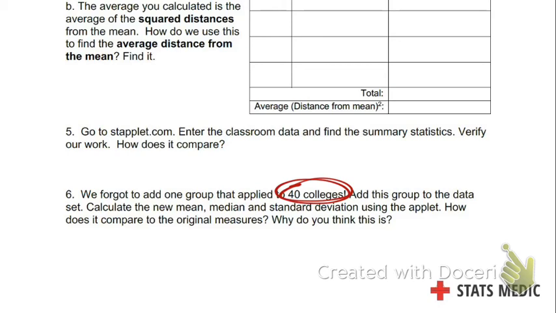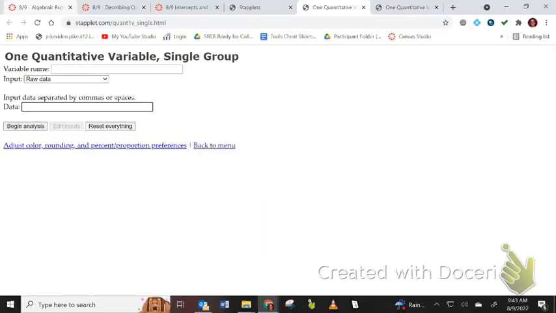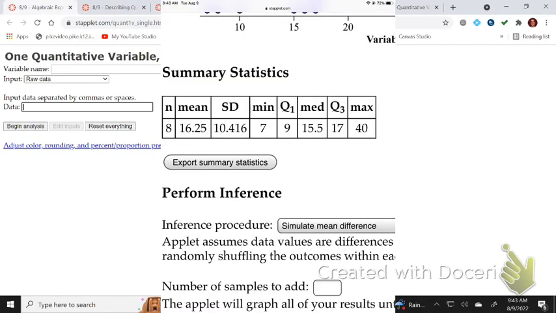You guys okay if we just use some technology to calculate those summary statistics? Okay. So I'm going to hop back into where I had my data set. Sample size of 8. And I'll put that picture up on the screen. All right. New mean. What is my new mean? 16.25.